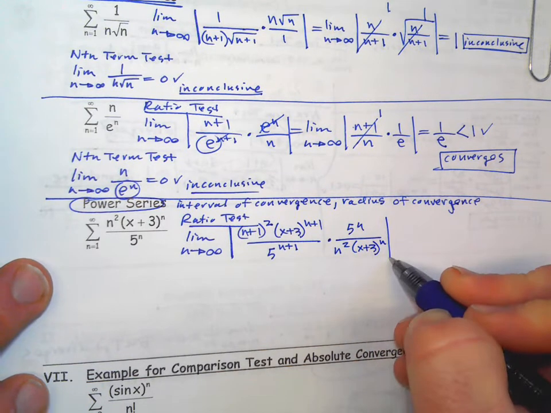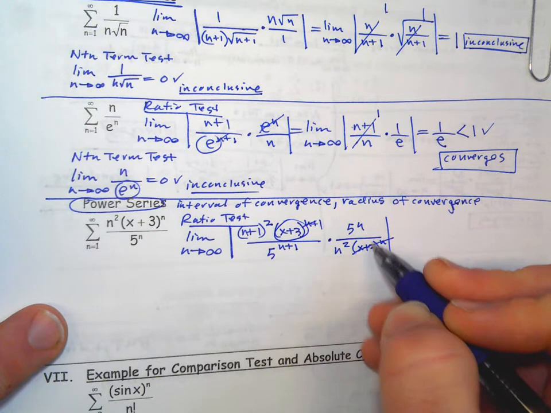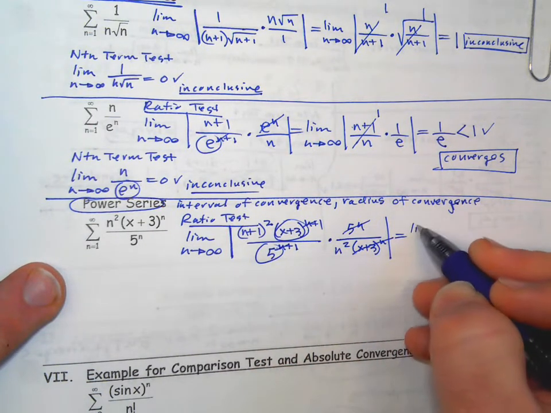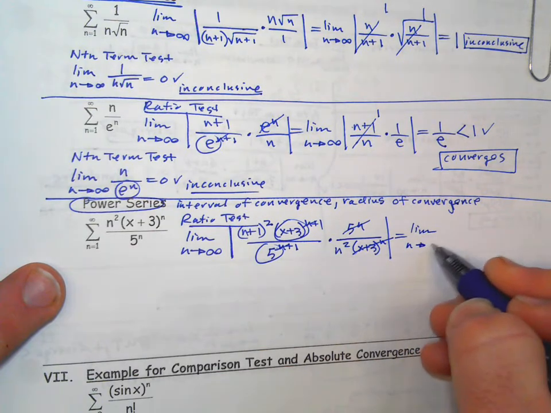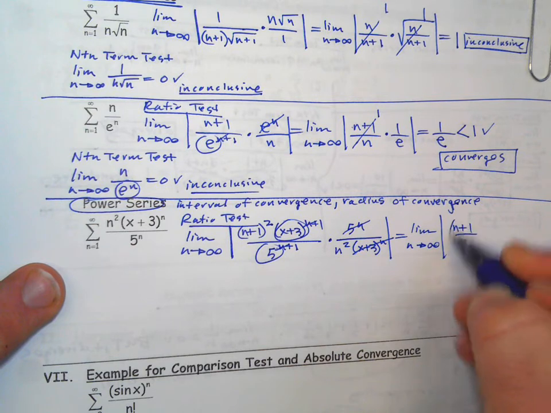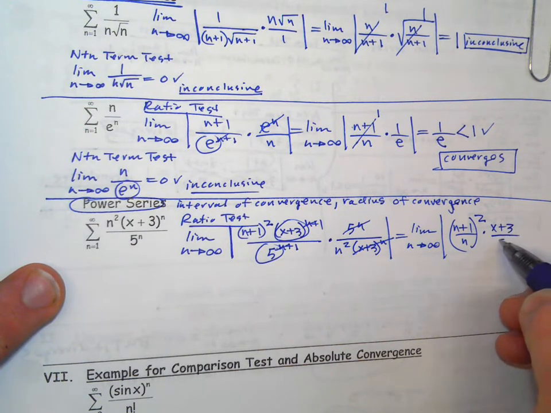And then let's try and clean this up. So I'd rewrite this as the limit as n goes to infinity of the absolute value of n plus 1 over n squared times x plus 3 over 5.